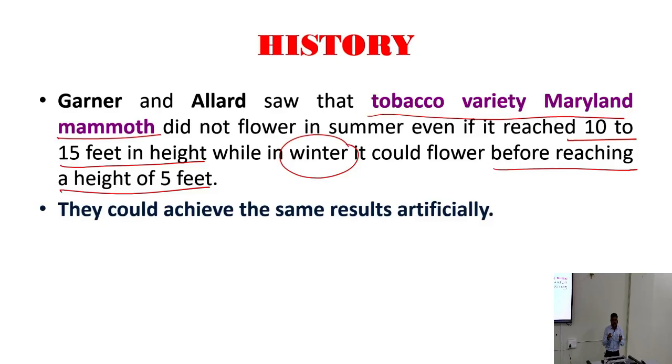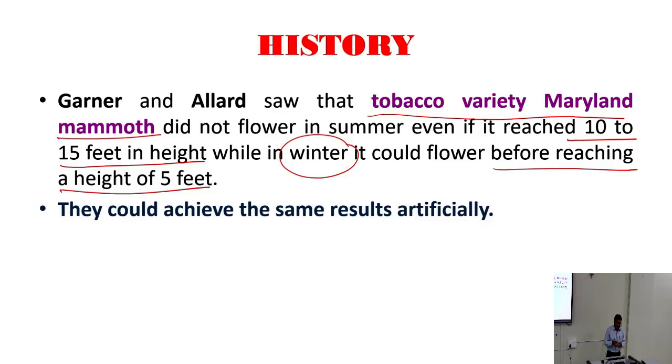Something else is deciding the flowering. They changed the light and did artificial experiments with this tobacco variety, Maryland Mammoth. In summer, though there was higher light and the plant was 10 to 15 feet height, no flowering was there.